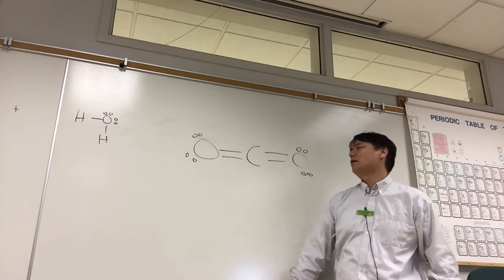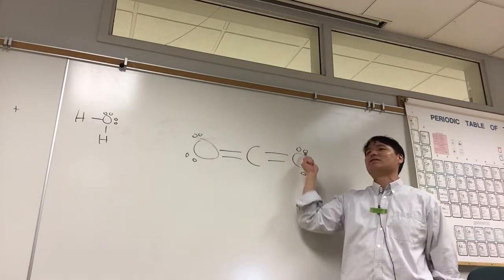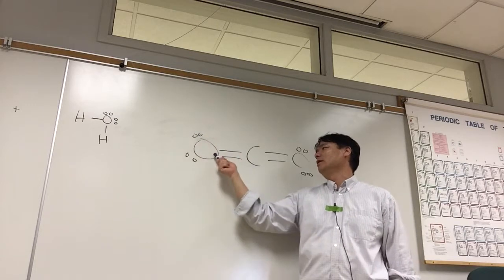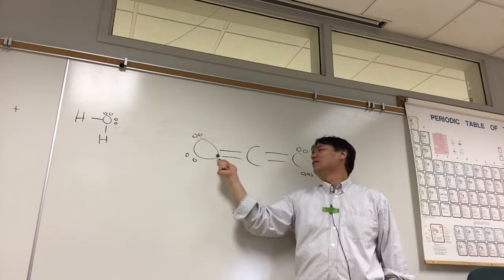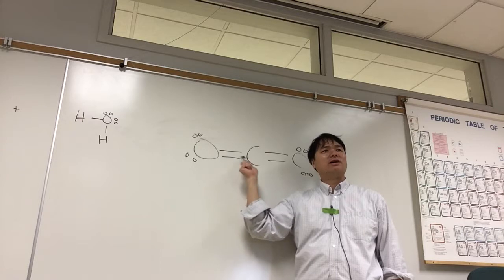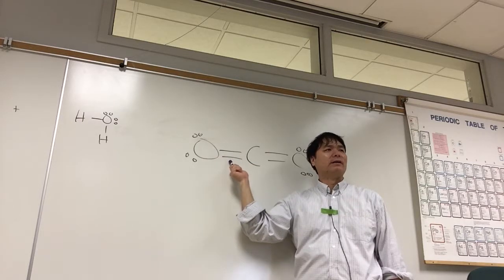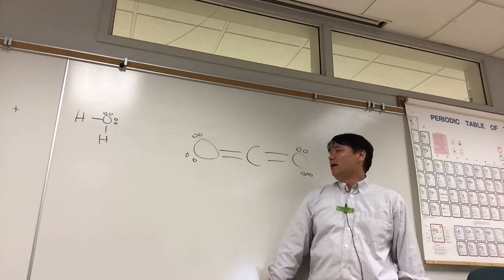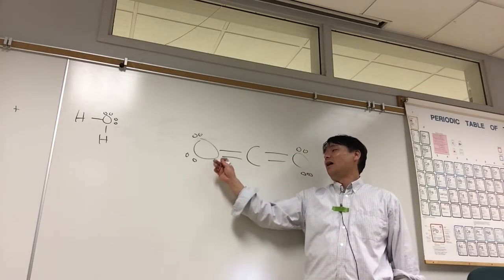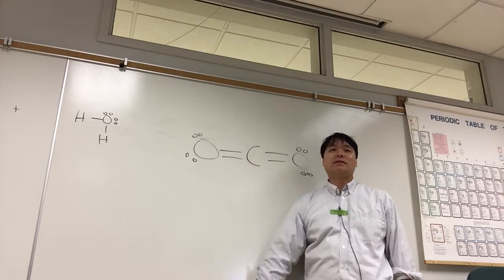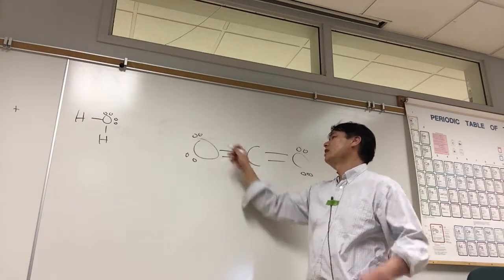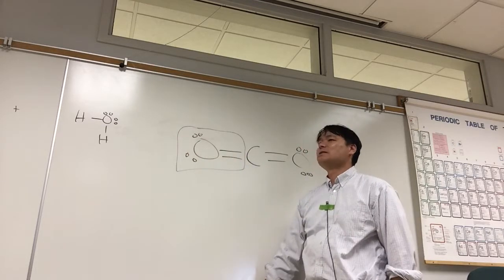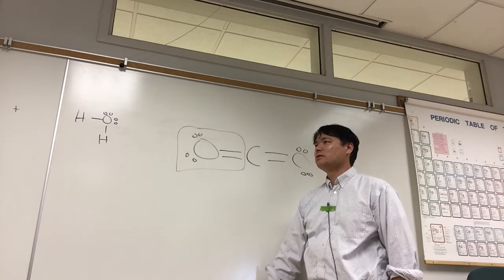But when I say take all the electrons, this oxygen is not going to take electrons from way over here. We can think of it as a tug of war for electrons. They're being shared, but each one is pulling on the electrons. So all I do is compare oxygen versus carbon. Which one is more electronegative? Oxygen. So oxygen takes all the electrons. If oxygen takes all of them, how many electrons does oxygen end up with?